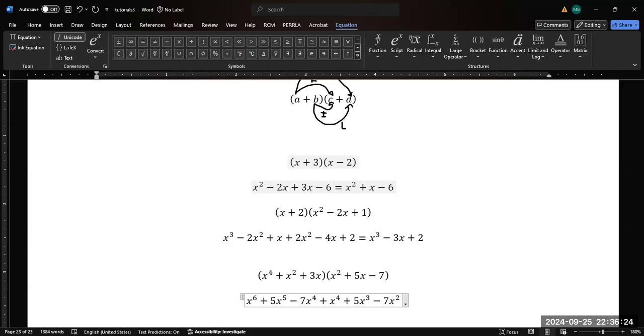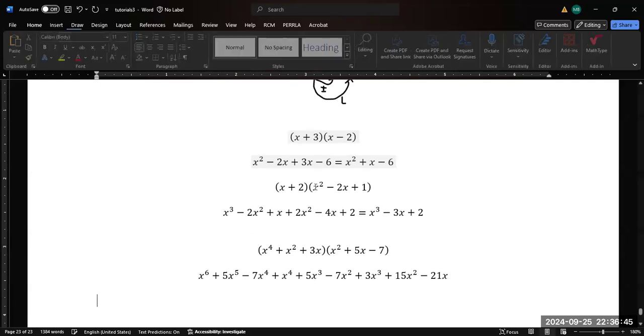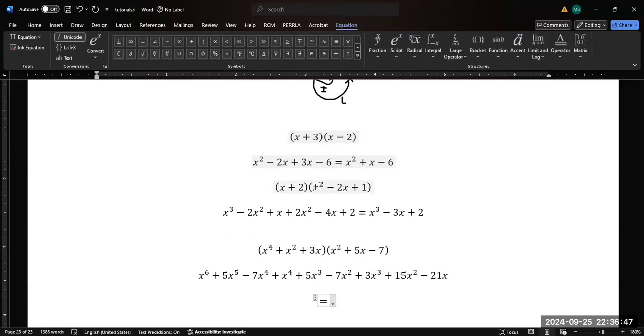And then I move on to the 3x and I multiply the 3x. 3x times x squared is 3x cubed. And then I multiply 3x by 5x and I get 15x squared. And then I multiply 3x by negative 7 and I get negative 21x. And now I have to combine my like terms. There's only one x to the sixth. There's only one x to the fifth.